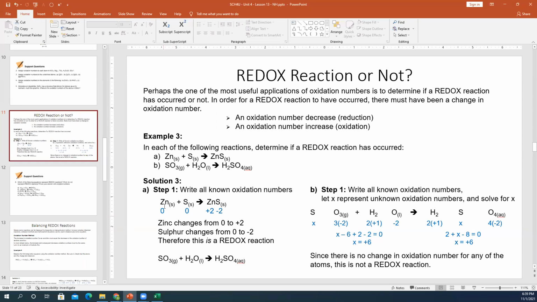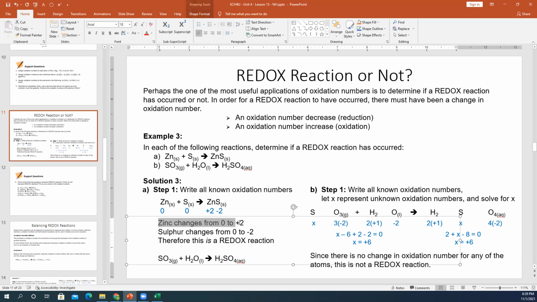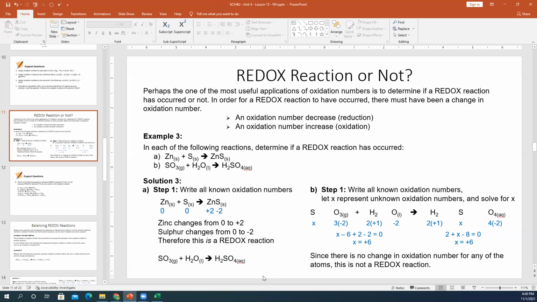So here we can see that the zinc has changed from an oxidation number of 0 to an oxidation number of +2. Zinc has changed oxidation numbers from 0 to +2. Sulfur has changed from 0 to -2. Therefore, this is a redox reaction.